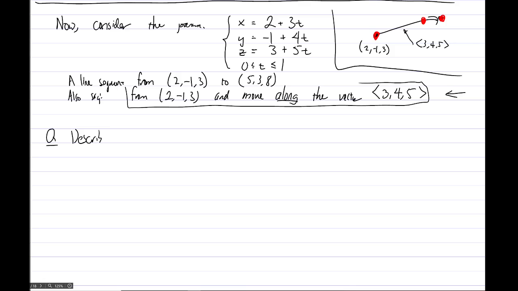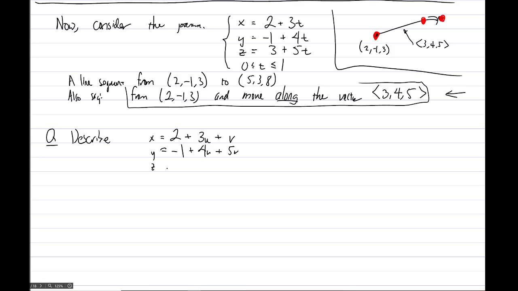So I'd like to describe the following parameterization. x is equal to 2 plus 3u plus v. y is equal to negative 1 plus 4u plus 5v.